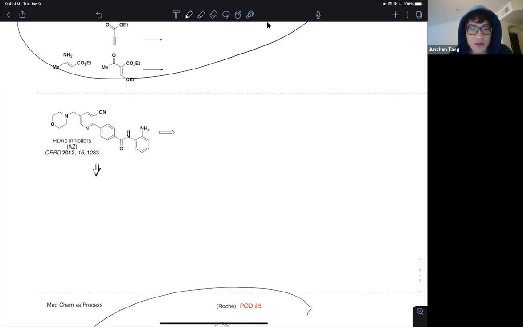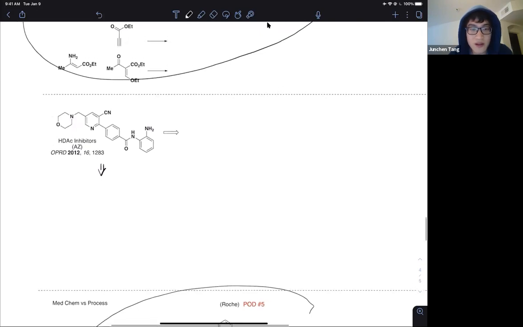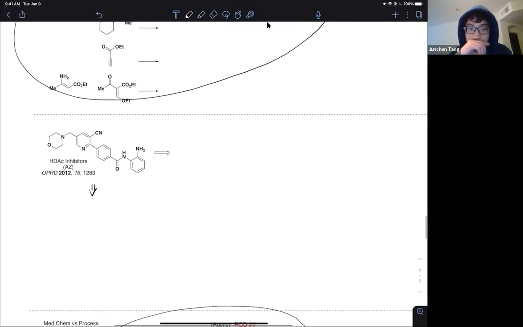Yeah, so still using the 1,5-dicarbonyl strategy, breaks the pyridine. And cyanide serves as a very nice conjugate acceptor. Oh, yeah.